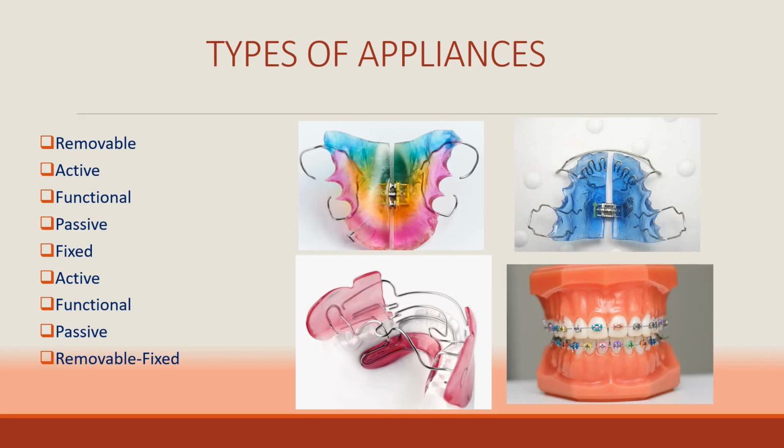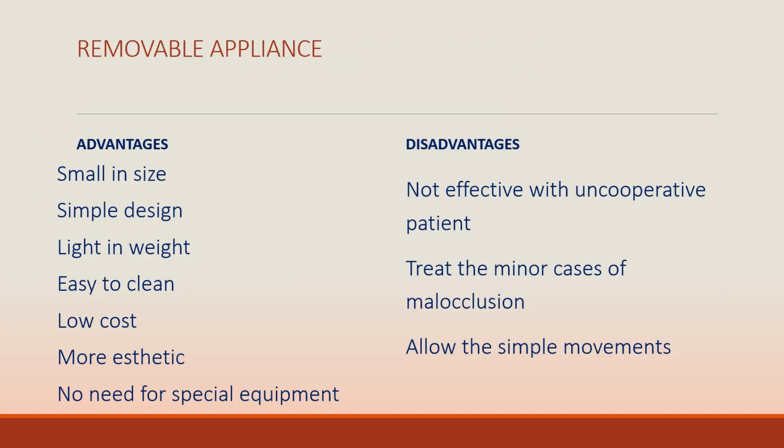Removable appliances are not permanently attached to the teeth and can be taken out of the mouth by the patient. During the first half of the 20th century, orthodontic practice in Europe was based largely on the use of removable appliances.